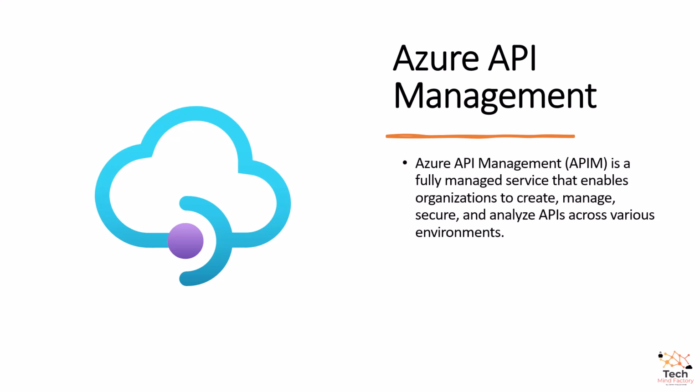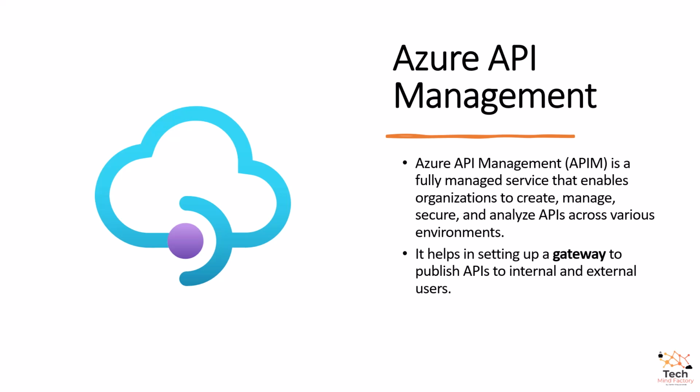Azure API Management, or APIM, is a fully managed service that enables organizations to create, manage, secure, and analyze APIs across various environments. It helps in setting up a gateway to publish APIs to internal and external users. Basically, we can hide different kinds of APIs behind Azure API Management, and provide central access to those APIs.